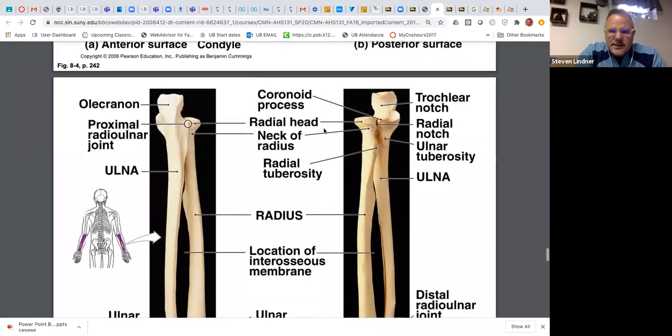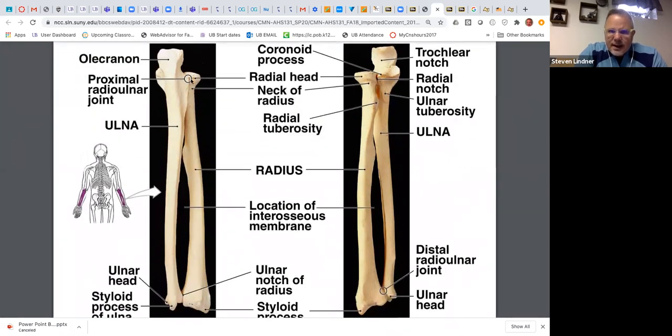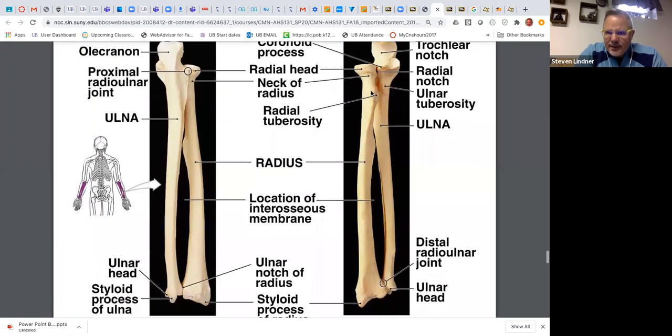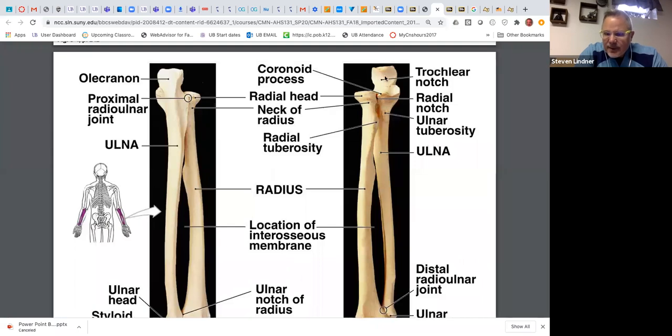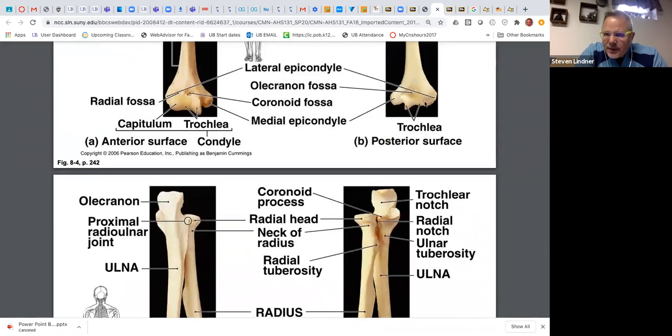All right, let's look here at the forearm. Again, posterior and anterior. When we look at it from the anterior, you can see this nice depression called the trochlear notch. Now, this trochlear notch is going to fit perfectly into this area called the trochlea. The head of the radius is going to fit perfectly with the capitulum.